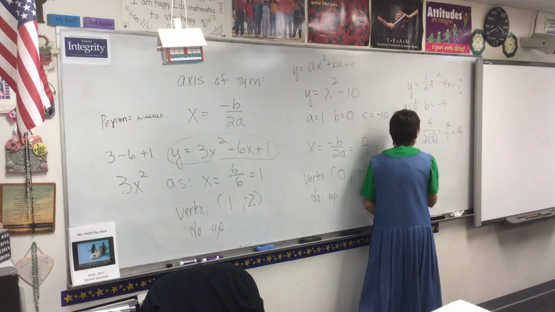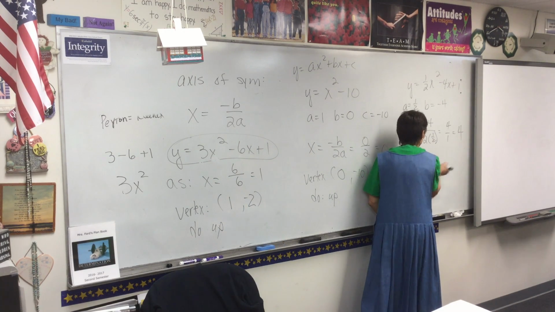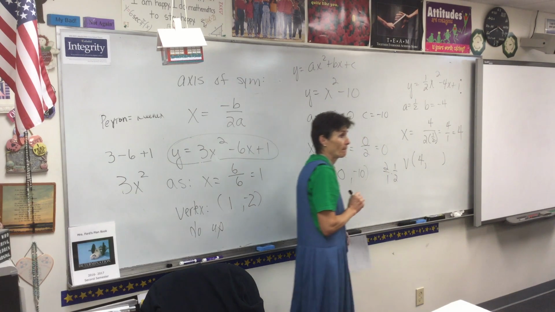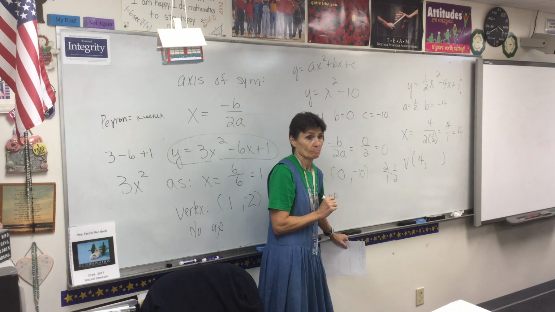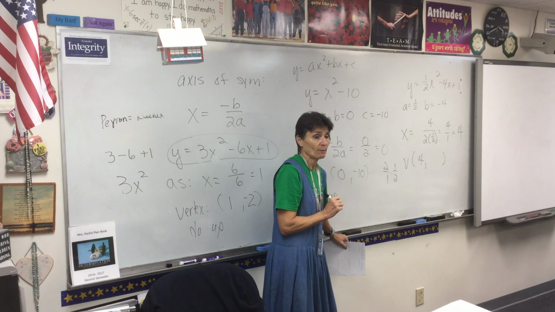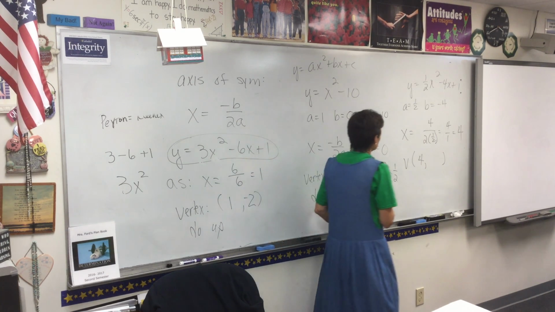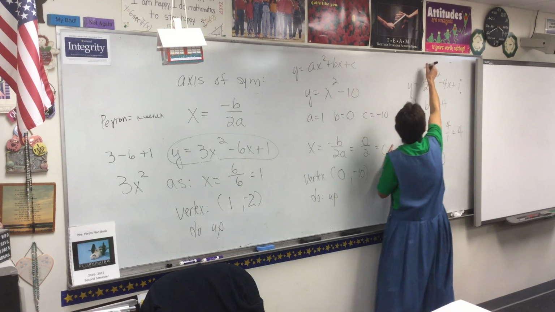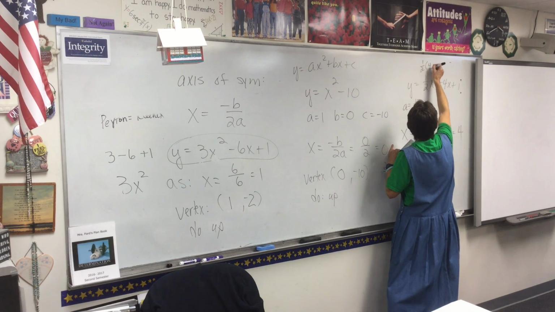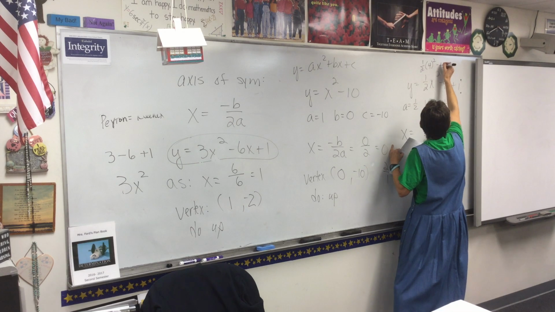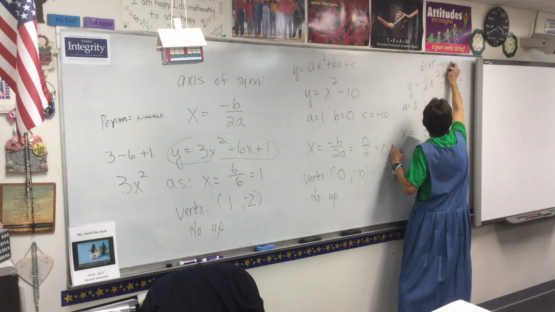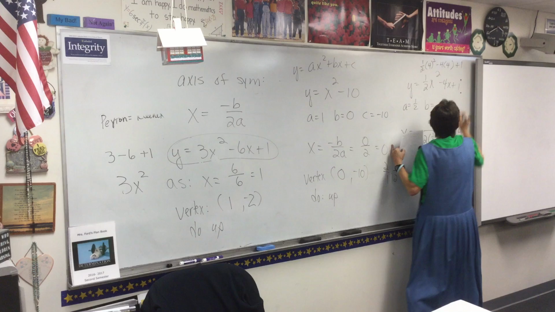Which means that my vertex is 4, comma. Now how do I find the y coordinate? Plug it in. So I have 1/2 times 4 squared minus 4 times 4 plus 1.